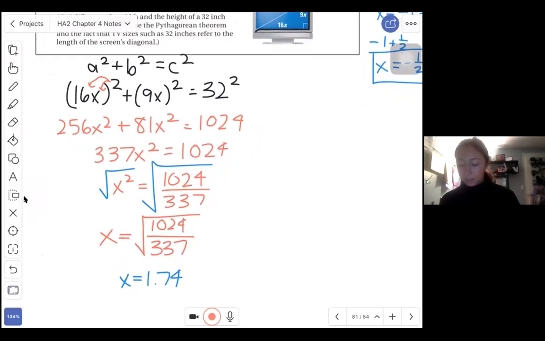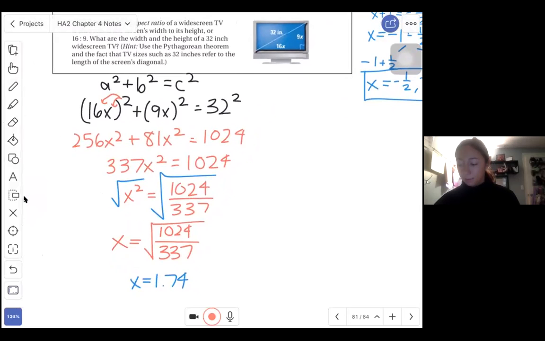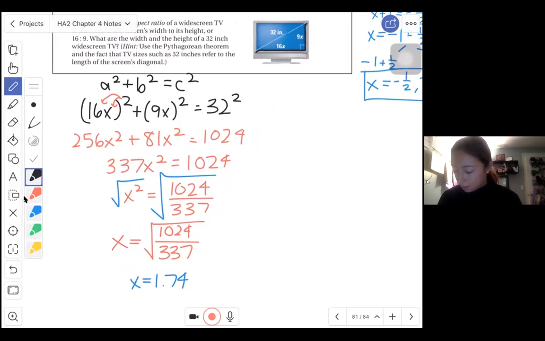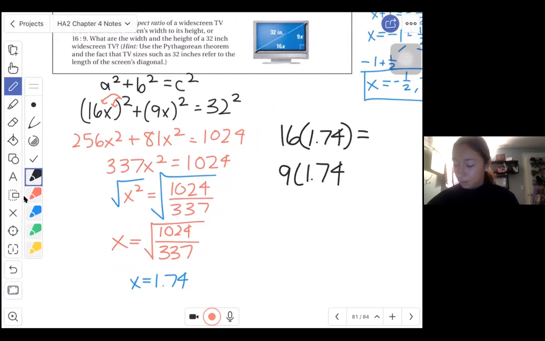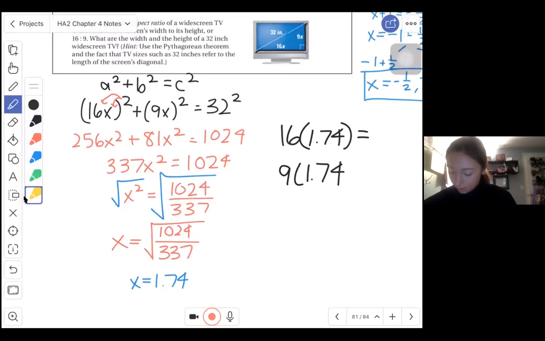That this is just the value for x, and they still want us to tell what the length and width are. So we know that's 16 times x, so then we'd have to multiply that 16 times 1.74 and that 9 by 1.74, because that's what they said the width and the length are.